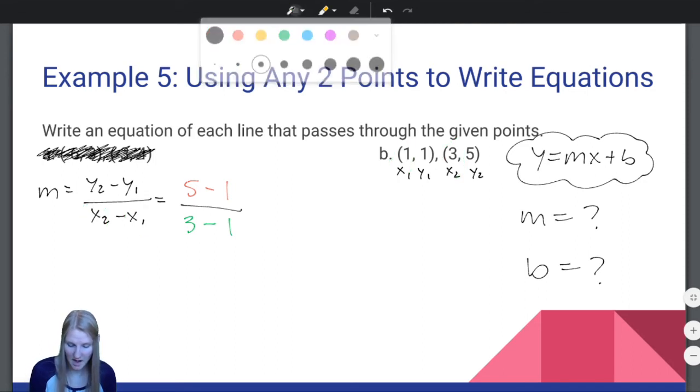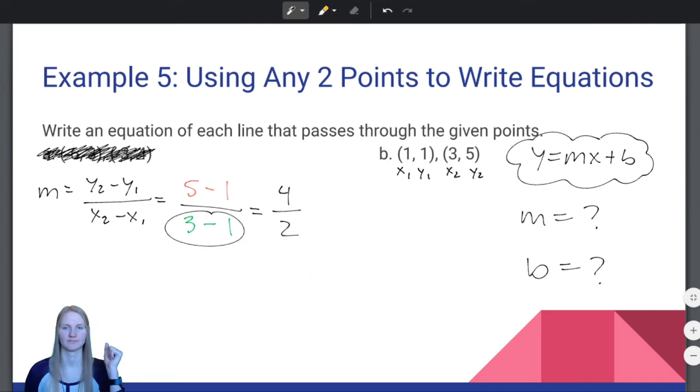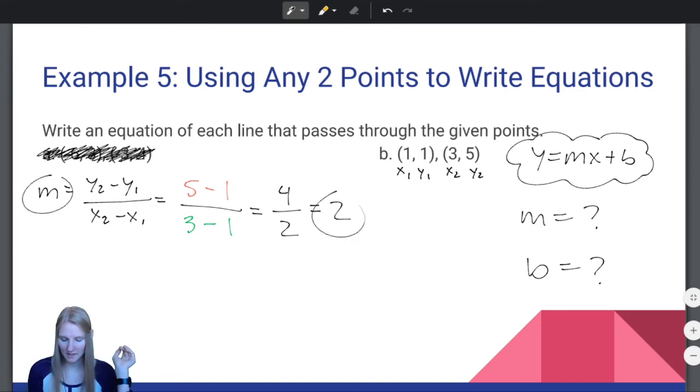Okay, now 5 minus 1 is 4, and 3 minus 1 is 2. And 4 divided by 2 is 2. Awesome. So we know m equals 2.